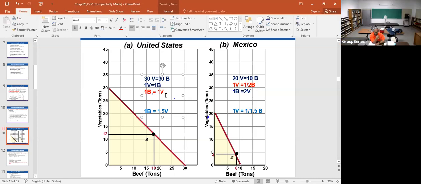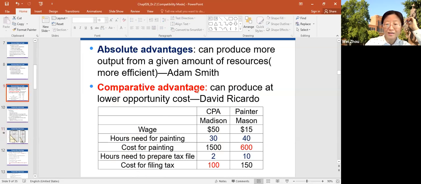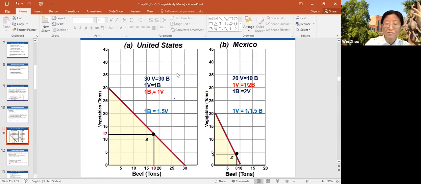Yes. Okay, so we said for comparative advantage, what you need to produce is something with a lower opportunity cost. So let's take a look. Even though US can produce more vegetable and more beef with the same amount of people, we assume these two countries both have 100 people.